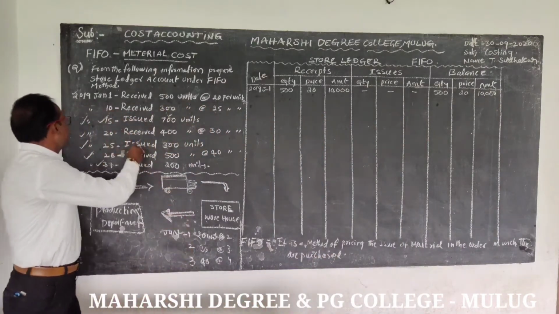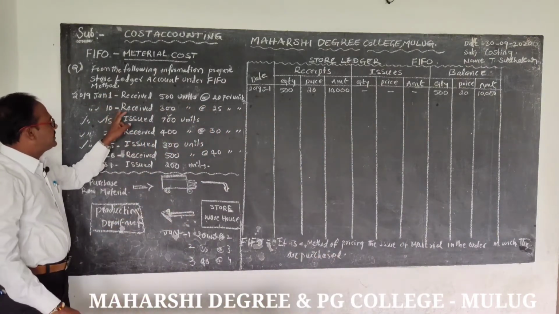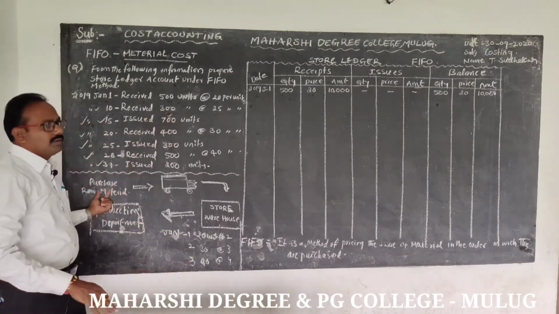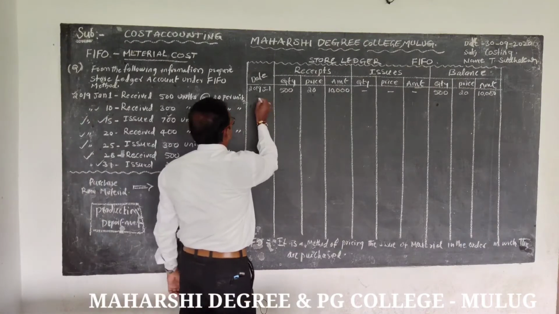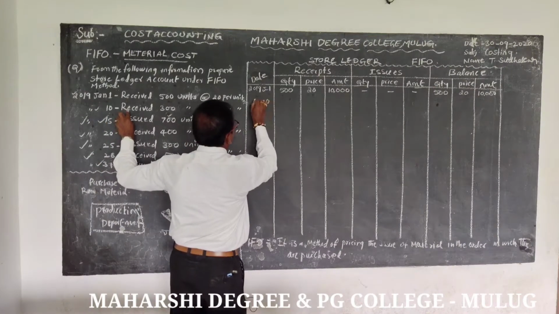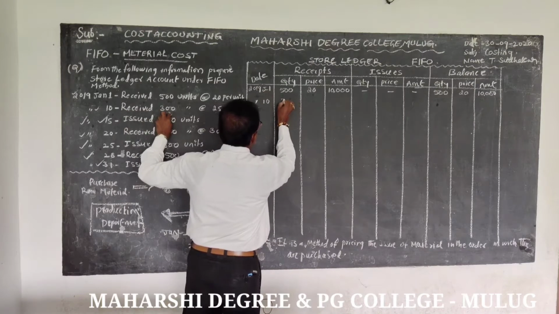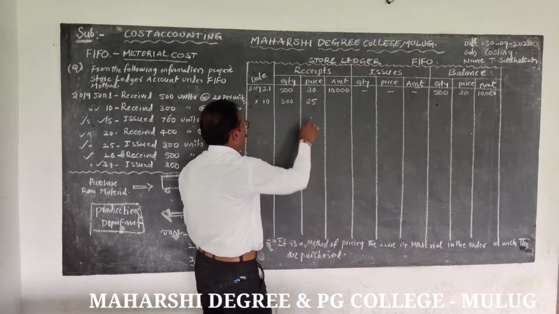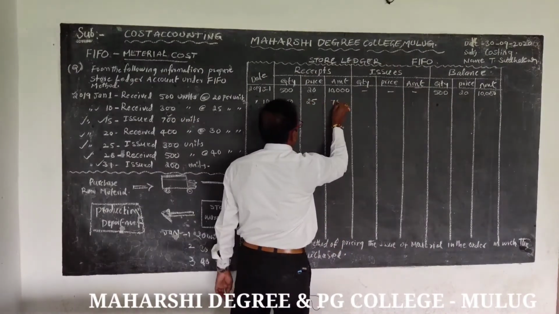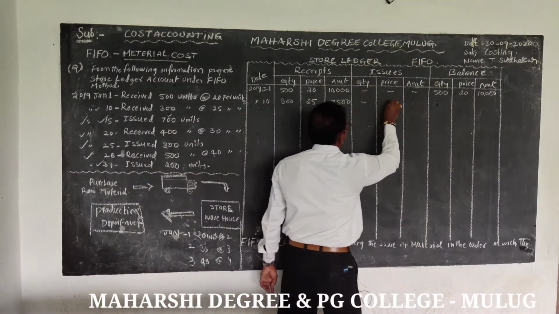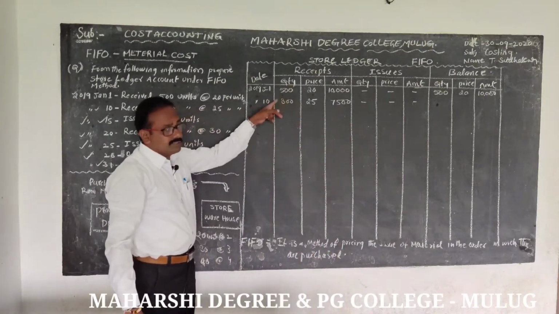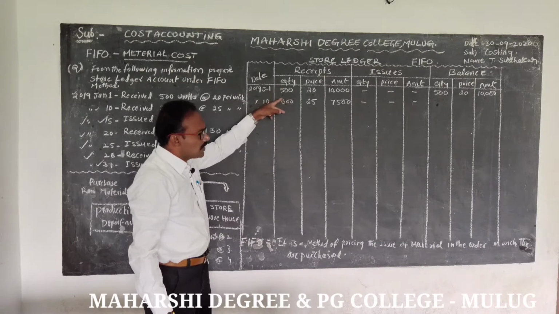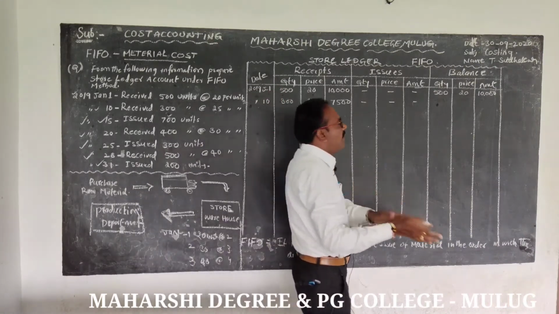On the second transaction, on the 10th, received an additional 300 units, also purchased for the store department. So 300 units at the rate of 25, 25 into 300 is 7,500 rupees. So with two transactions, the first 500 units and the second 300 units, two lots of goods are available in balance.